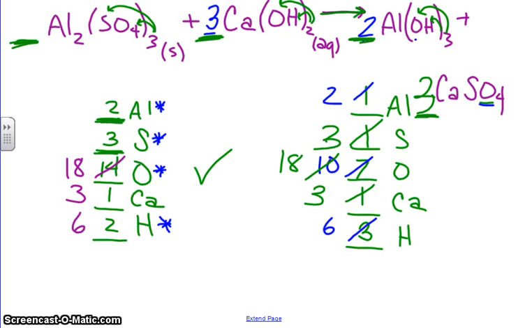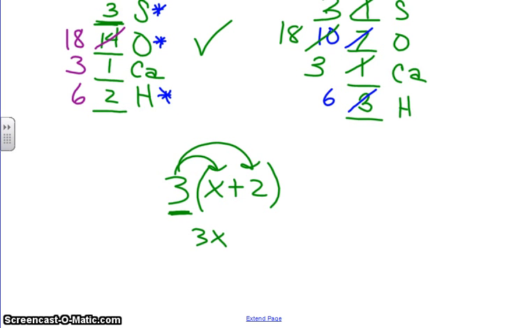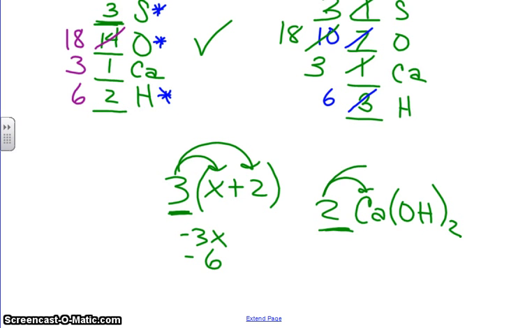It's sort of like having x plus 2, and then you put a 3 in front of it, this is like your coefficient that distributes to both of these things. So now you have 3x and 6. It's the same thing if you put a coefficient in front of calcium hydroxide. If we put a 2 here, this 2 is going to distribute to every one of these elements. So it changes the amount of each.